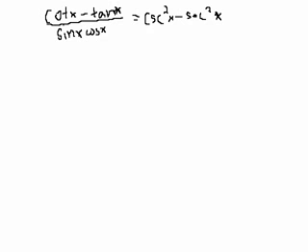Secant is 1 over what? Great. And then cosine is also 1 over secant. Sine is 1 over cosecant, perfect. And then cosecant is also 1 over sine. These are huge.